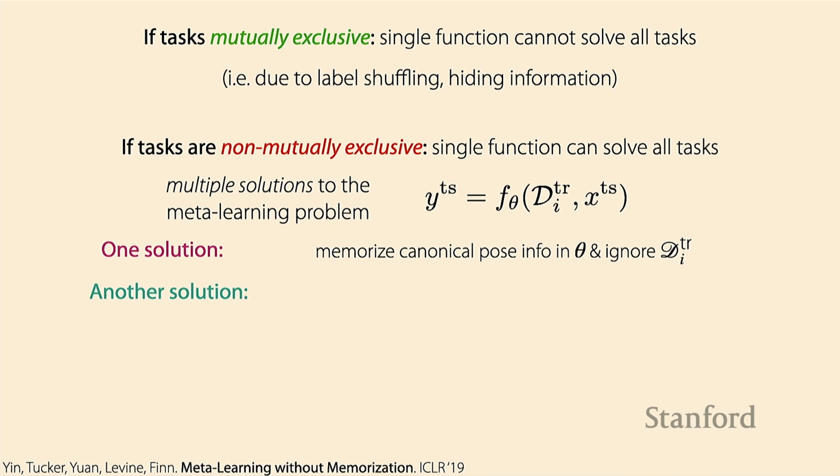Another solution, which is one that we would often want if we want to generalize, is to carry no canonical pose information in theta, and instead acquire it from the task training set.